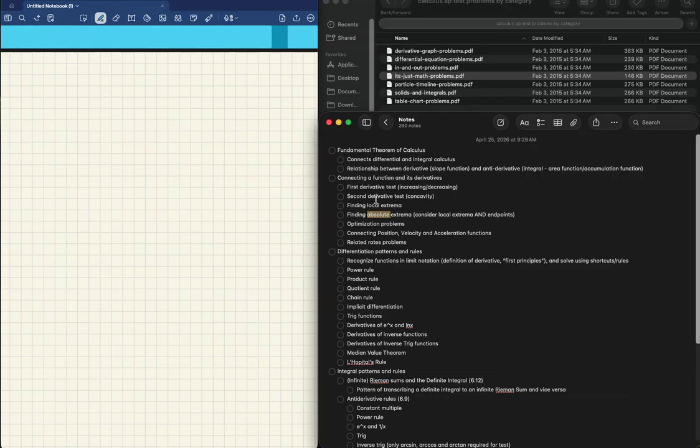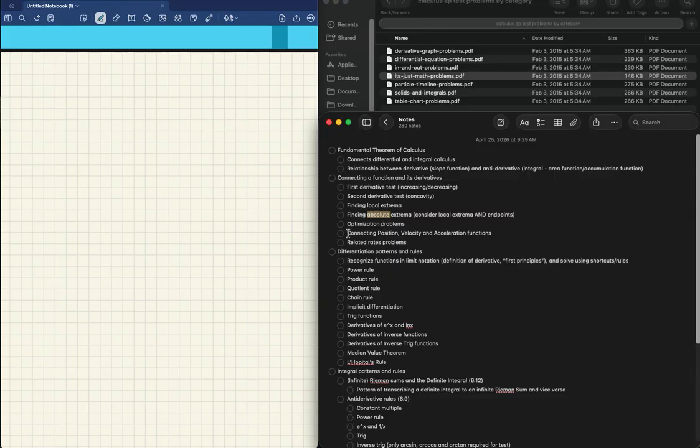The challenge here is first finding local extrema, either maximum or minimum, depending on what's requested, and then secondly, find both endpoints and then check the value of the function at the local extrema and the value of the function at the endpoints, and determine which one is the absolute highest or lowest extreme. This is where optimization problems come into play.